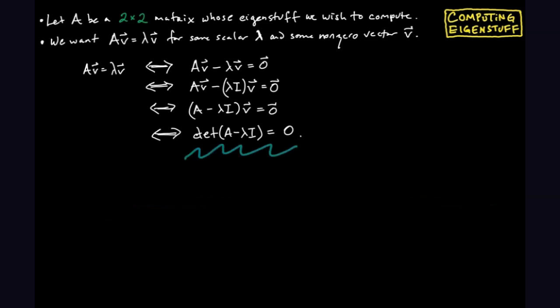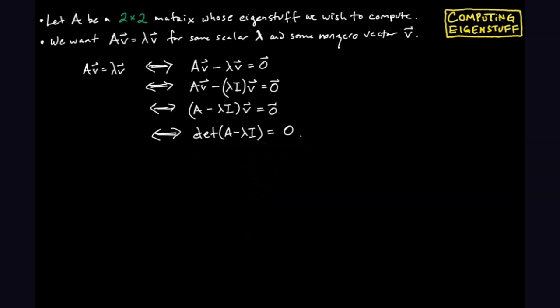And notice what has happened in our last statement. The non-zero vector v does not appear. So we started out looking for these pairs, a scalar lambda and a non-zero vector v. And we said that's kind of a tricky thing to do, but we have rewritten it in this equivalent form where only lambda appears. That gives us high hopes that we can actually solve this thing for our one unknown, lambda.